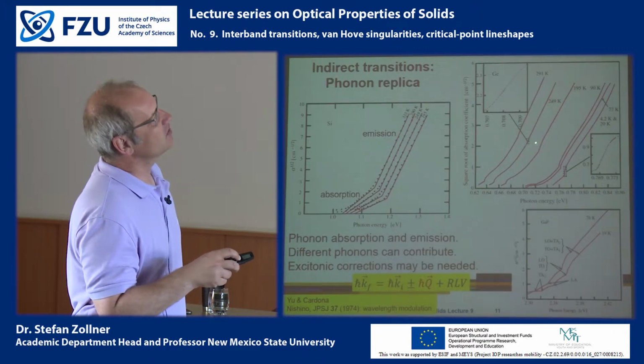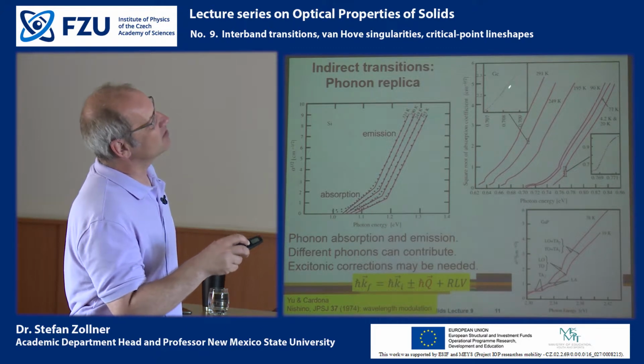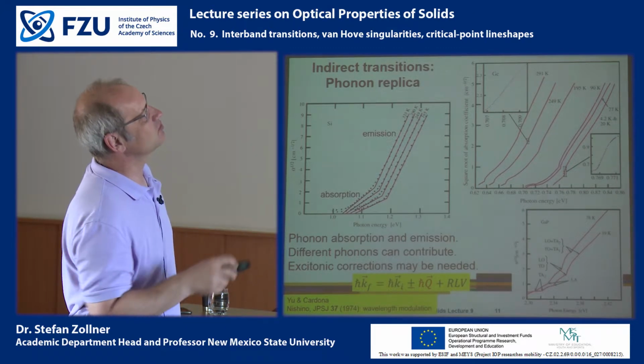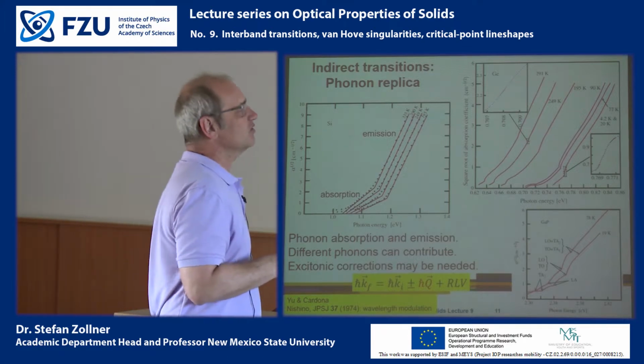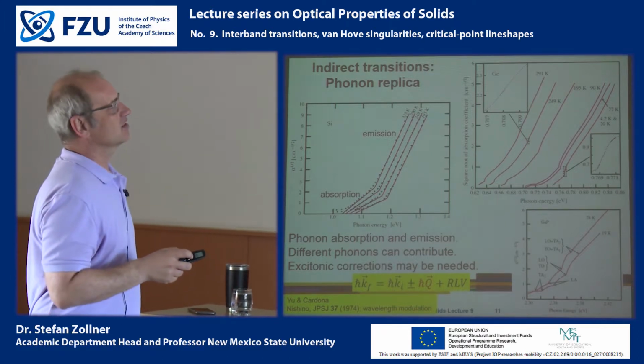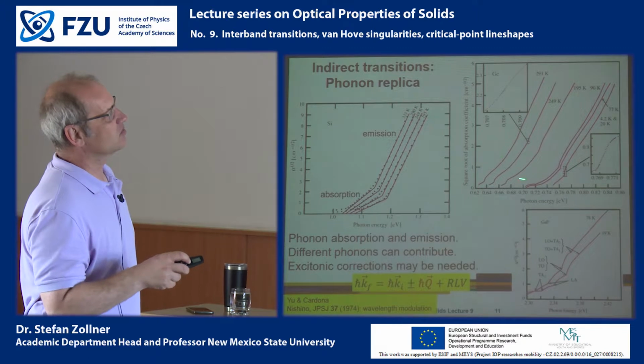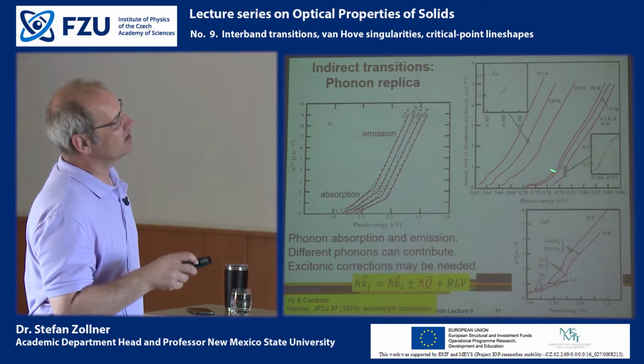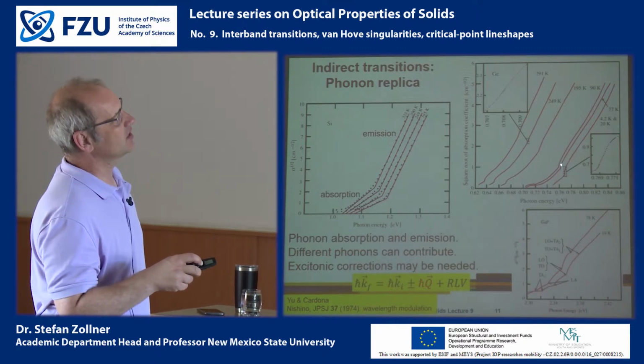And each of these kinks, one can blow up the data and one can still see contributions from various phonons. In germanium, there's definitely a lot of different phonons contributing.